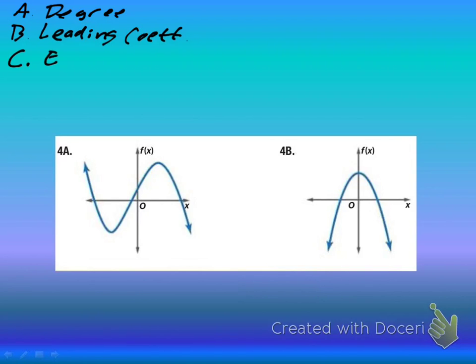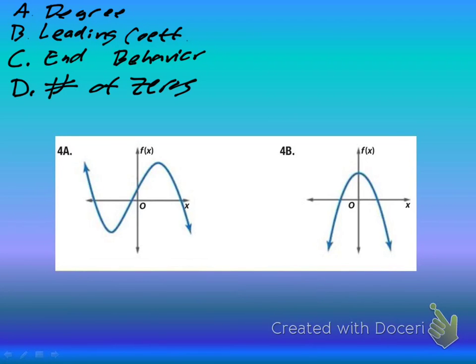C, behavior. And D, number of zeros. Okay. Those are going to be the 4 questions that you're asked.